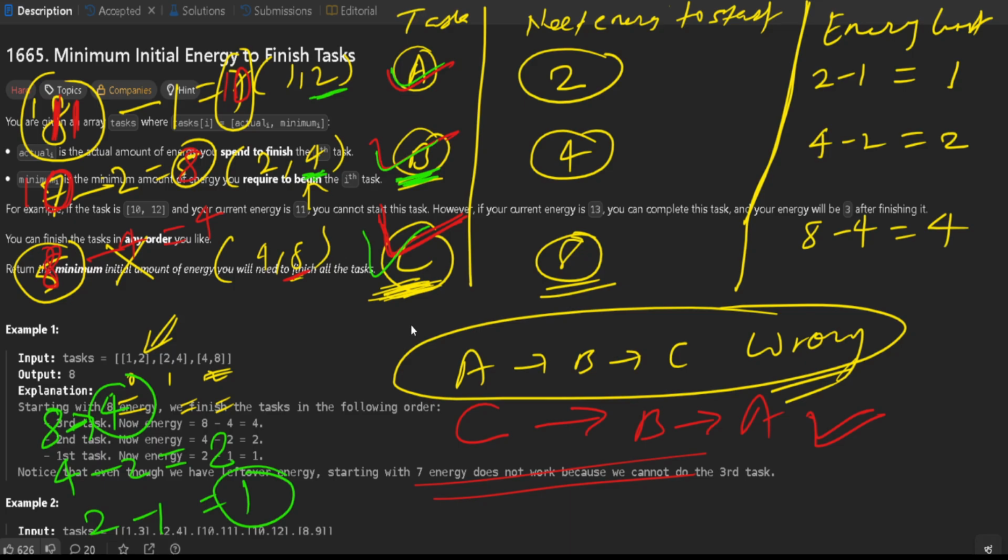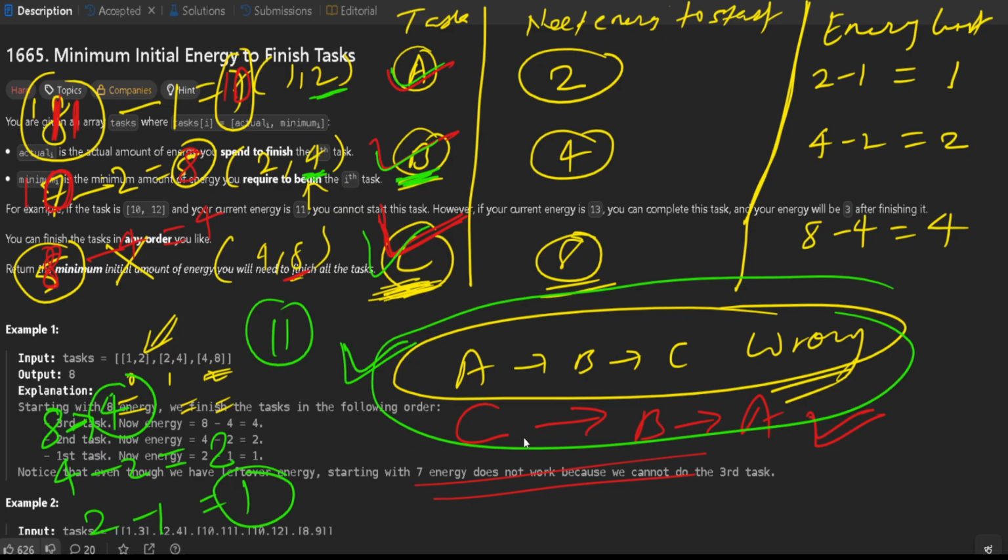So the whole problem is, if you start with A, B, C, you are choosing 11 as a value. But if we choose the right order, like C, B, then A, we need 8. So when we use the wrong order, we need 11 energy.